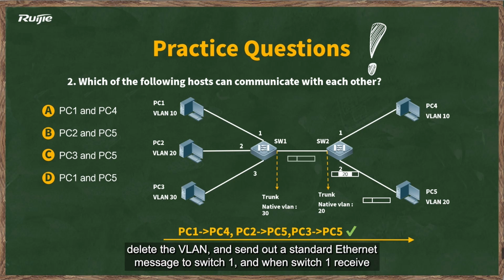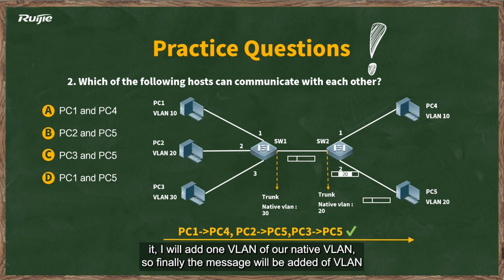So we delete the VLAN and send out a standard Ethernet message to switch 1. When switch 1 receives it, it will add its native VLAN, so the message will be tagged with VLAN 30.